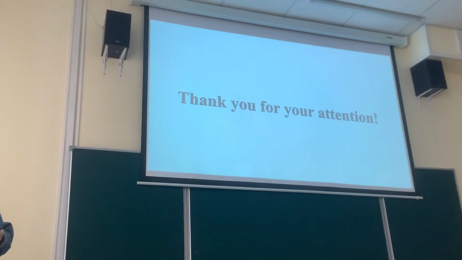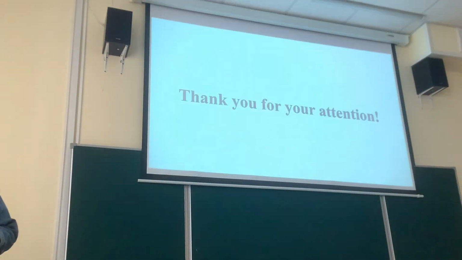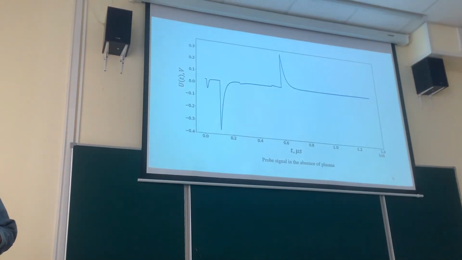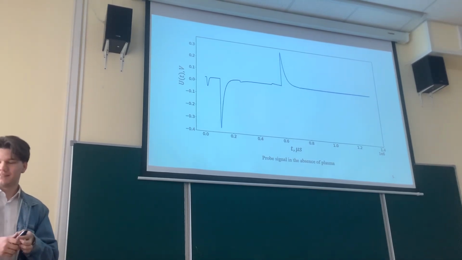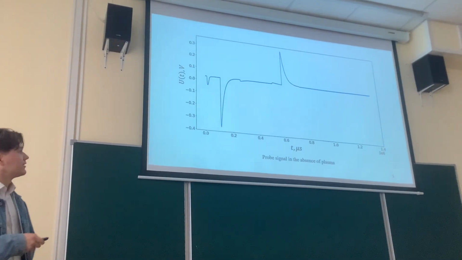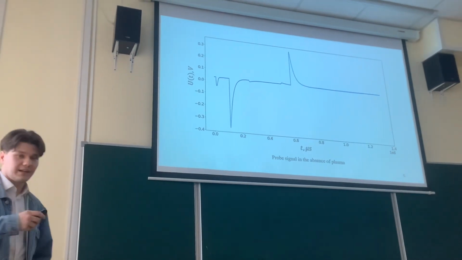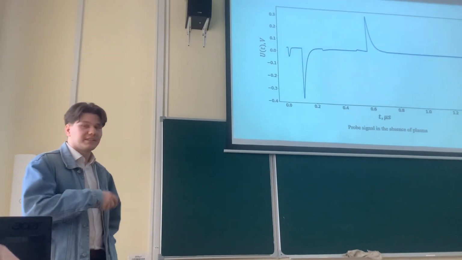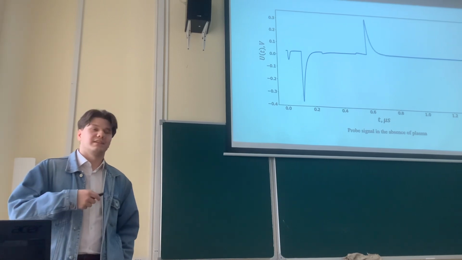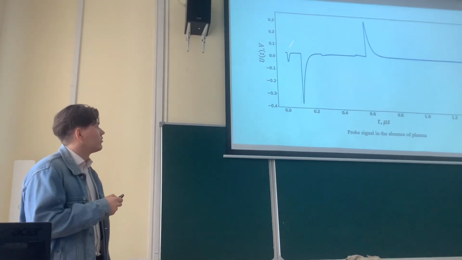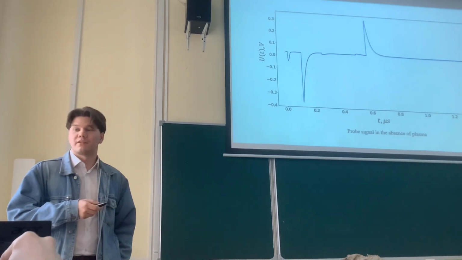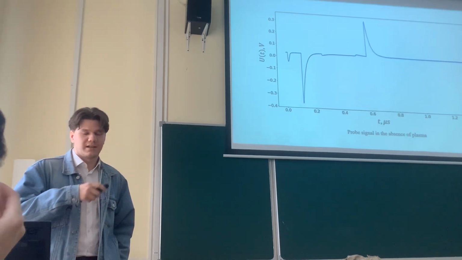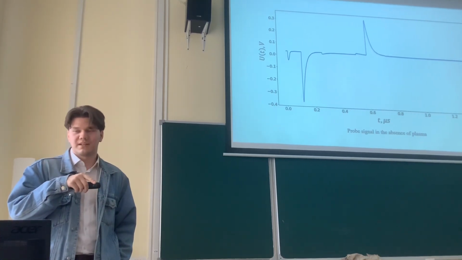Maybe you have some questions. Yes. Can you turn back to the graph? This graph? Yes. There is a shift in the zero value. Yep. Then I took this graph and integrated it afterwards, because the integral of the signal will actually matter, and this error, then I erased it.